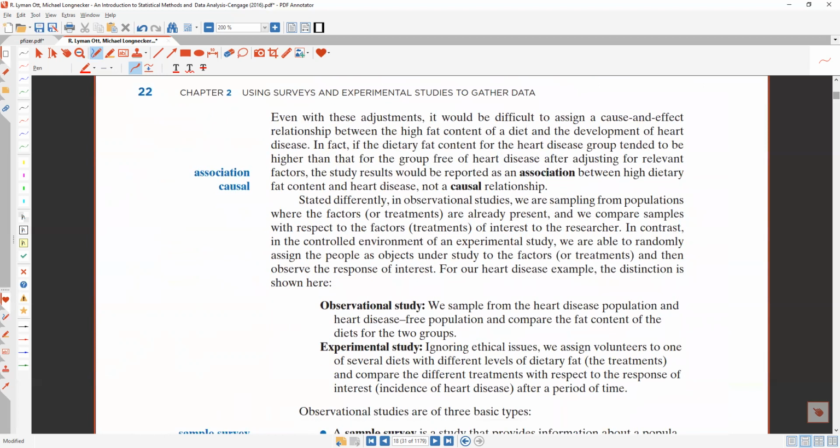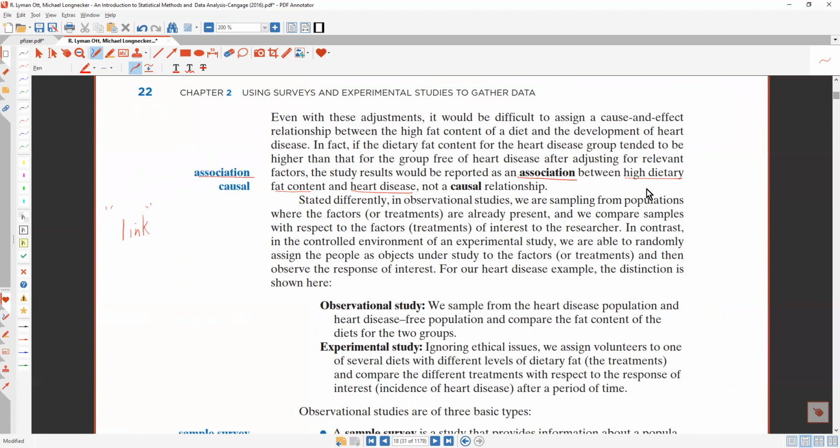Many times, the best that we can do is talk about these things called associations, right? So they give an example here: high dietary fat content and heart disease. There may be an association between those two things. And oftentimes in the media, those associations are defined as links. So whenever you hear in news reports things like, well, high fat content has been linked to heart disease, right?